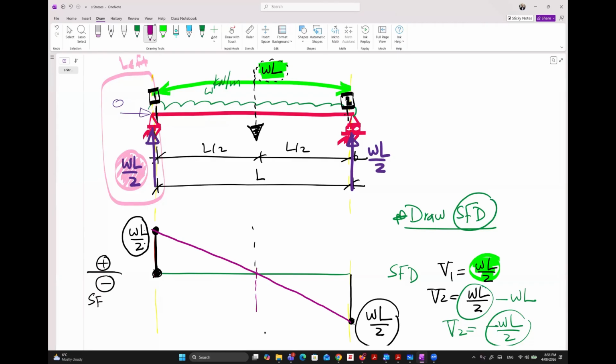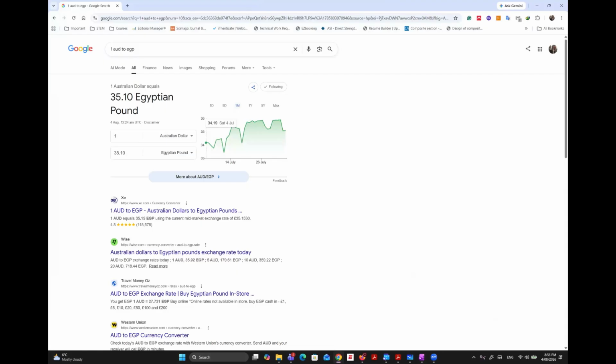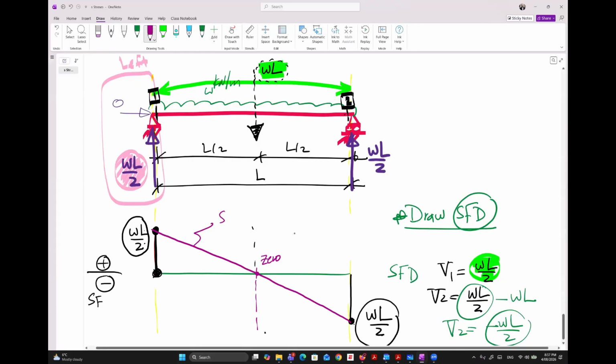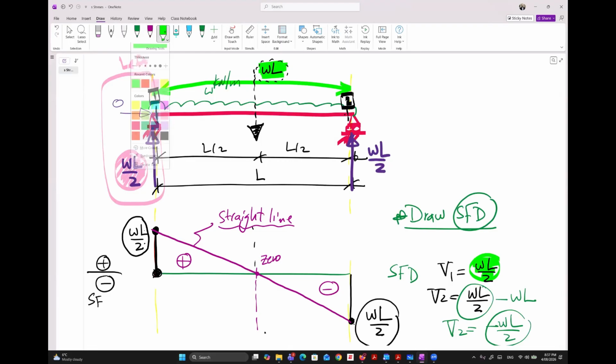The main thing is that at the middle it should be 0. This part is above the datum, so it is positive. This part is below the datum, so it is negative. So we have 2 triangles for the shear force diagram. One of them above the datum in yellow. The other one below the datum in green.